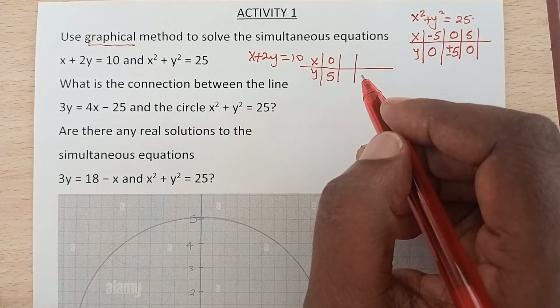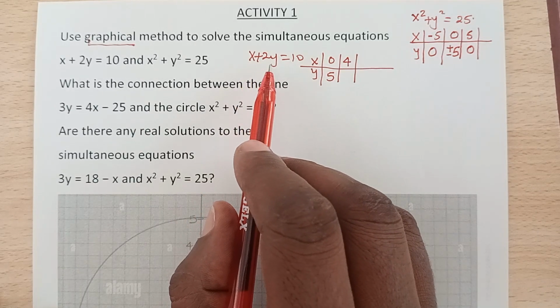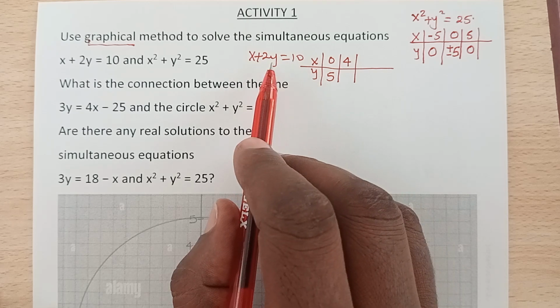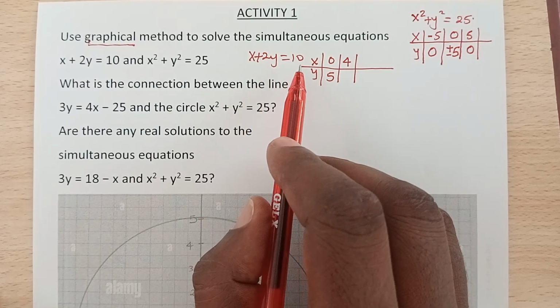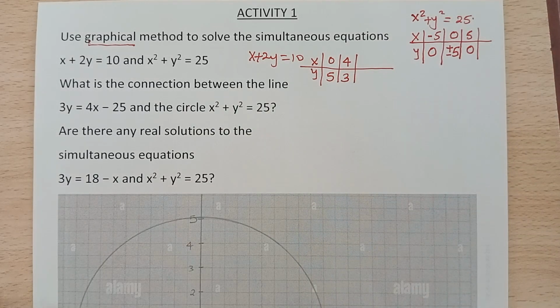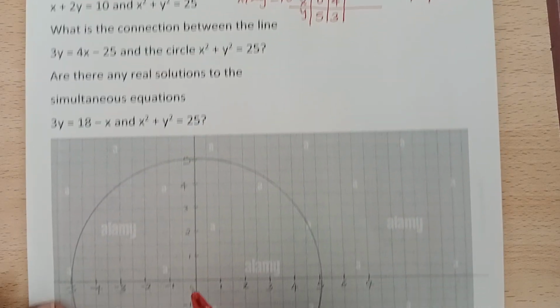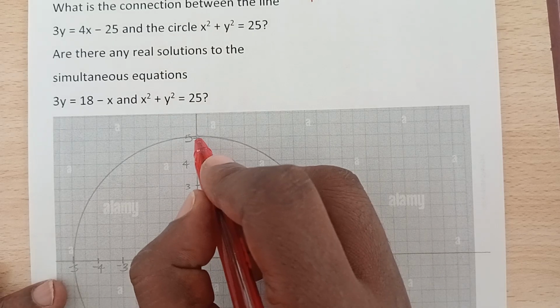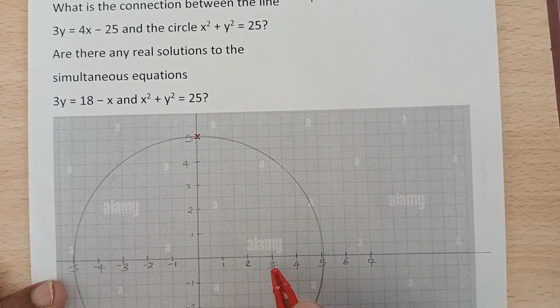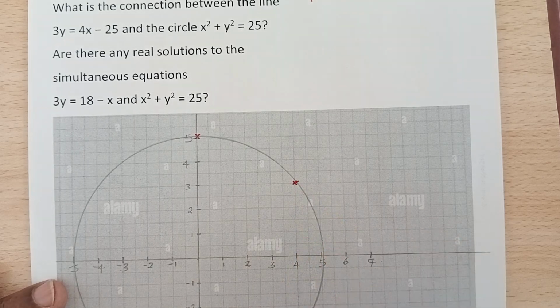When x is, let's say, 4, 4 plus 2y is equal to 10, and 2y is 10 minus 4, which is 6. 6 divided by 2, y becomes 3. Those two points are enough to draw because it is a straight line. So we plot them. When x is 0, y is 5, there we go. And when x is 4, y is 3, at that particular point.